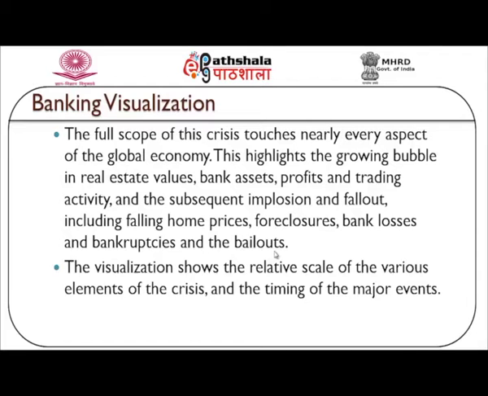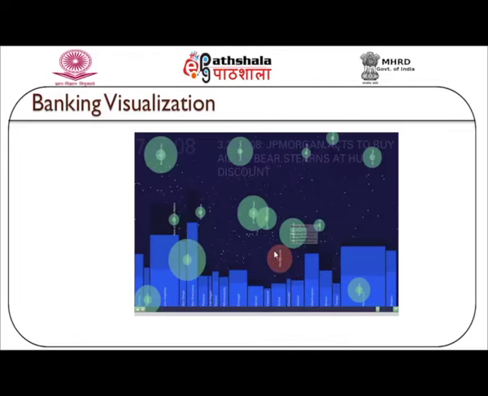This highlights the growing bubble in real estate values, bank assets, profits and trading activity and the subsequent implosion and fallout, including falling home prices, foreclosures, bank closures, bankruptcies and the bailouts. So the visualization shows the relative scale of the various elements of the crisis and the timing of the major events. The visualization is shown here.